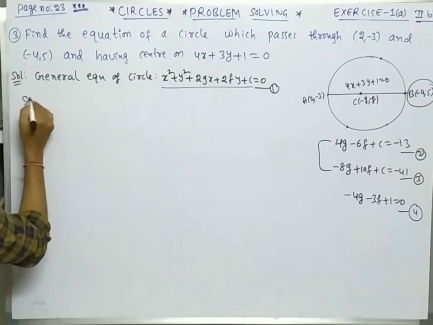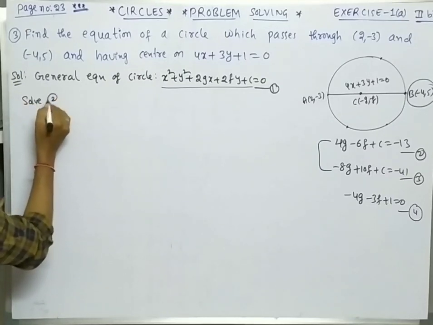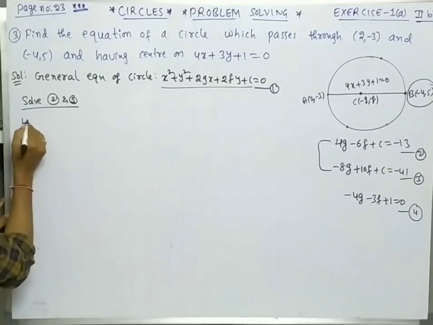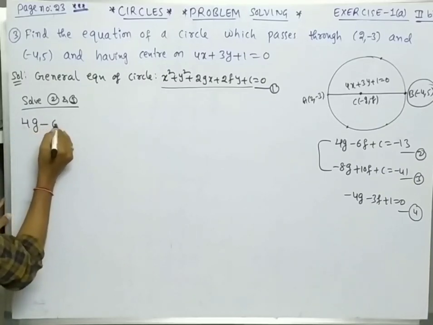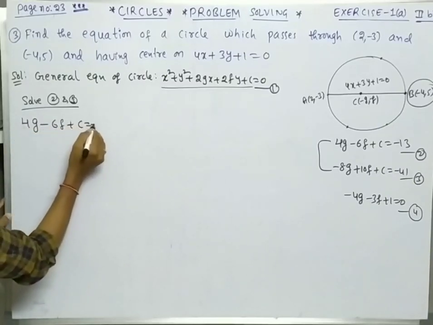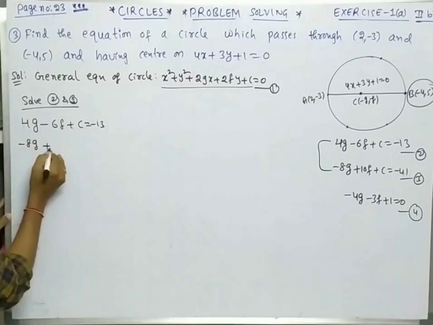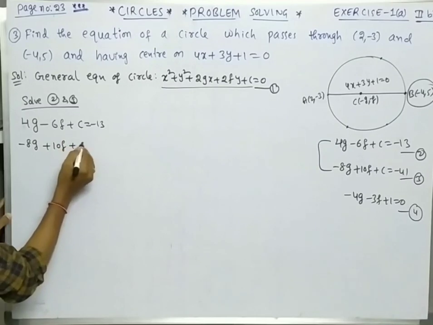First solve 2 and 3. How? 4g - 6f + c = -13 and -8g + 10f + c = -41. Solving is very important.